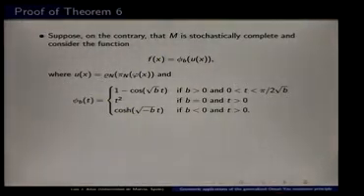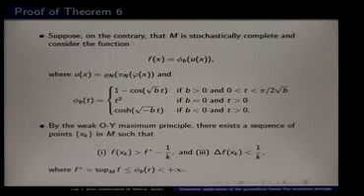We suppose, on the contrary, that M is stochastically complete, and consider this function f, which is a function of the distance. Here, u is again the distance function of the projection on the factor N, and we consider this function f, which is psi of b of u, with this choice for phi.